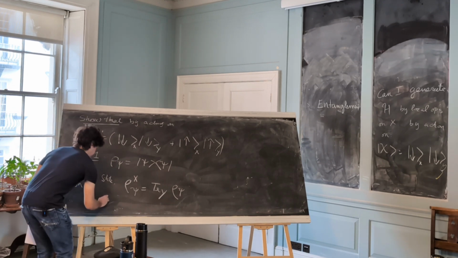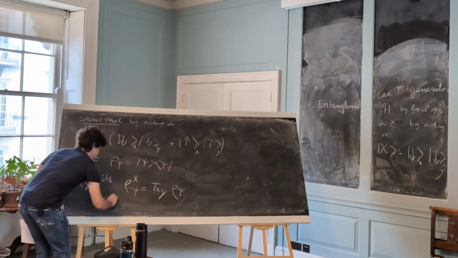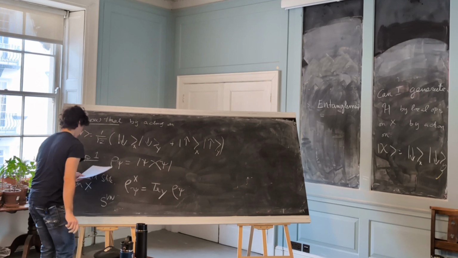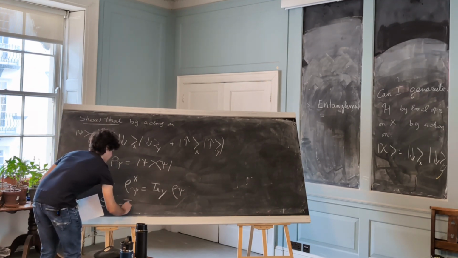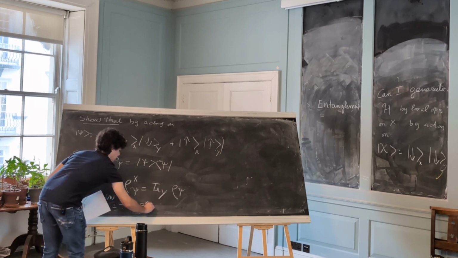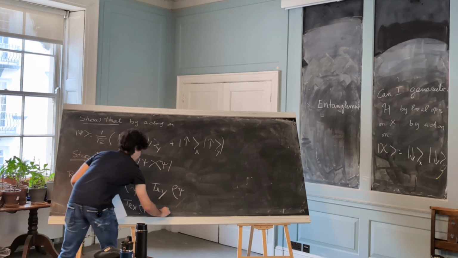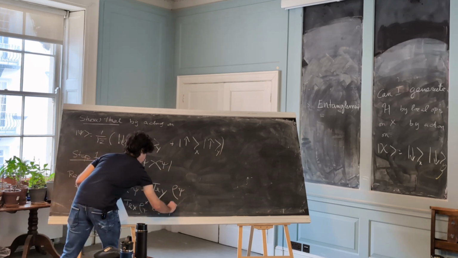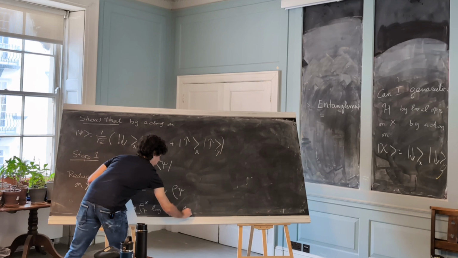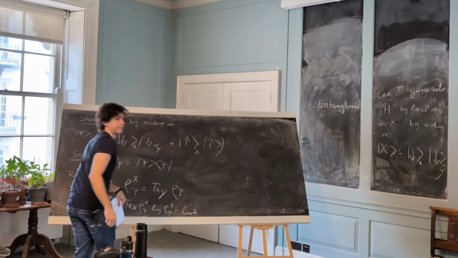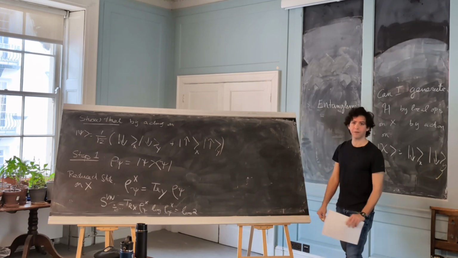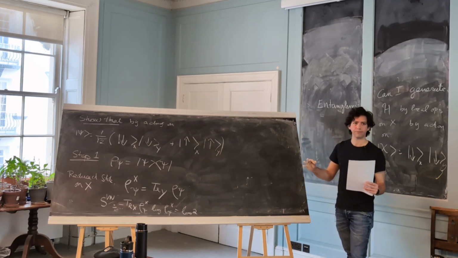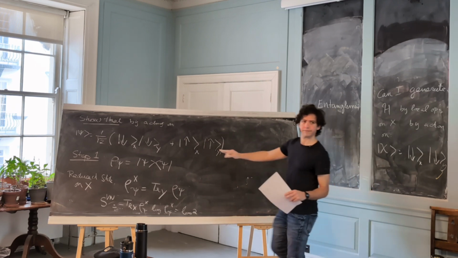And one thing I can do is compute the von Neumann entropy of rho psi X, which is minus the trace over X of rho psi X log of rho psi X. And I would get log 2. There are 2 bits of information. If I trace out Y, I still have 2 bits of information in this state.